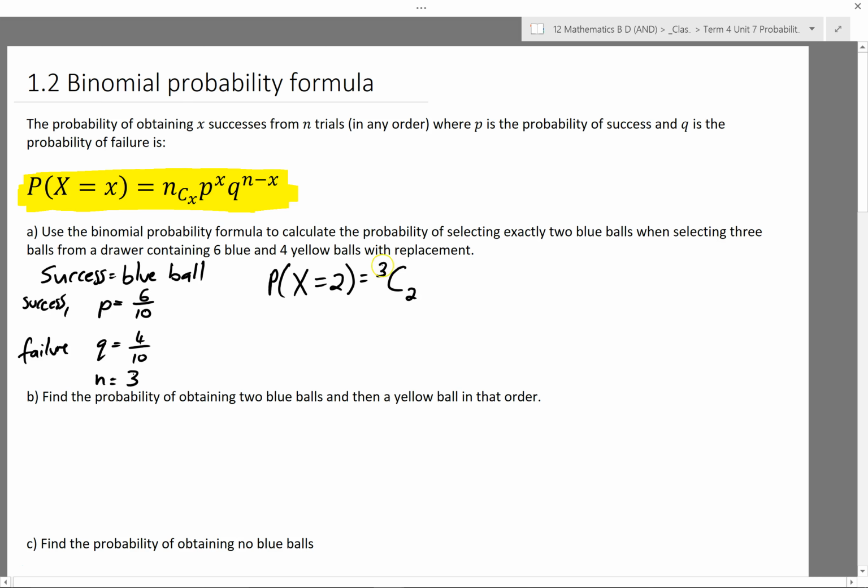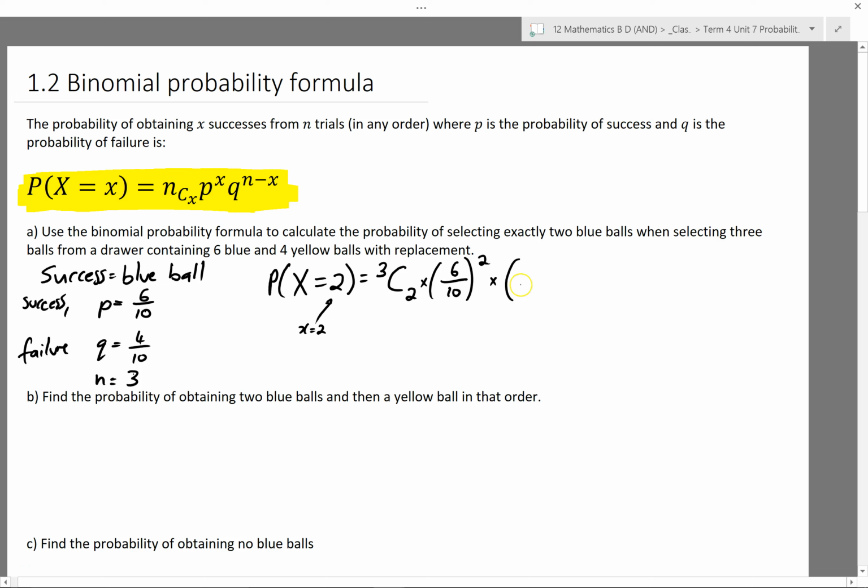So this 3 is like a power on the left hand side, and the 2 is a subscript down below. So probability of success raised to the power of how many successes I wanted. So 6 on 10 to the power 2. So this 2 here implies that my lowercase x is 2.